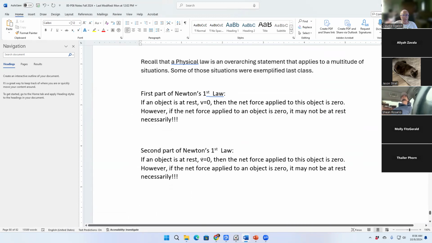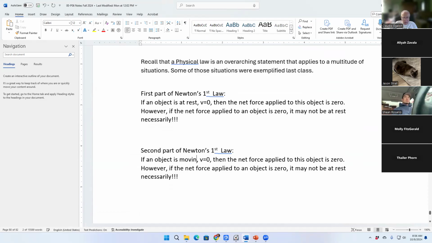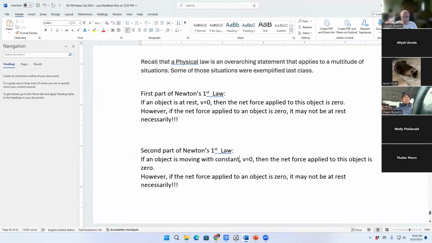But instead of saying the object is at rest, we say if an object is moving with constant velocity, and constant velocity means what? Acceleration equal to 0, then the net force applied to this object is 0. See what changed here?